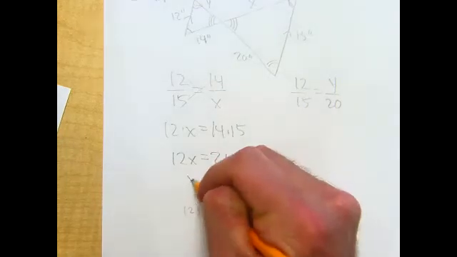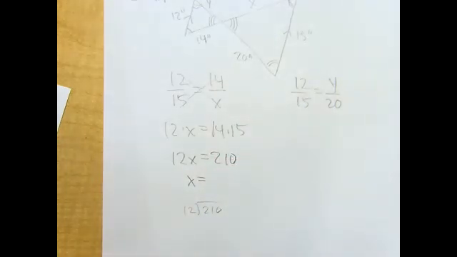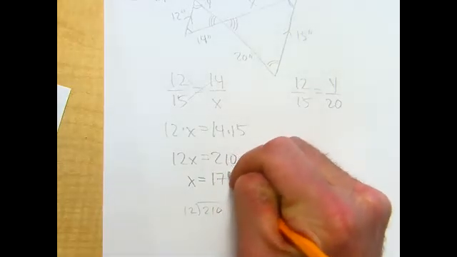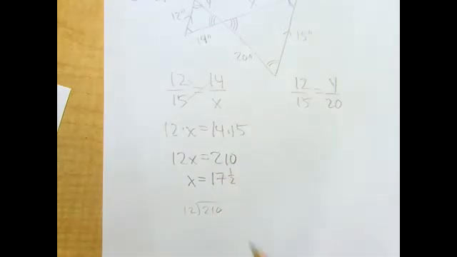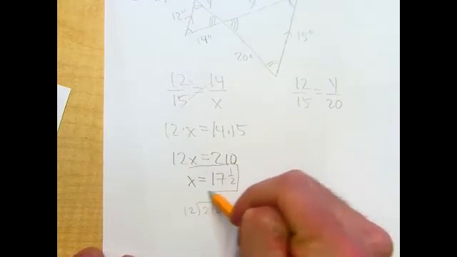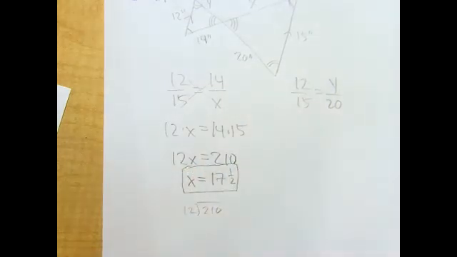But I'll tell you what, I'll just give you the answer. It was like 17 and a half, I believe, if you divide that out. If you use a calculator today, I'm going to scold you on it, but just realize on your quiz, you won't be able to use a calculator, so you'd have to work that out by hand.